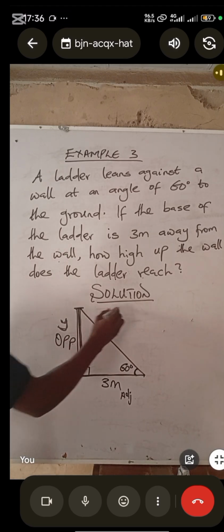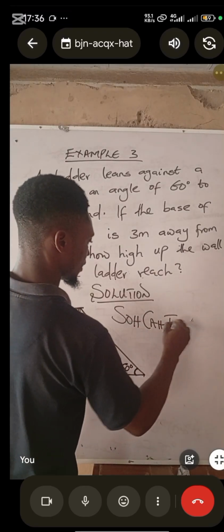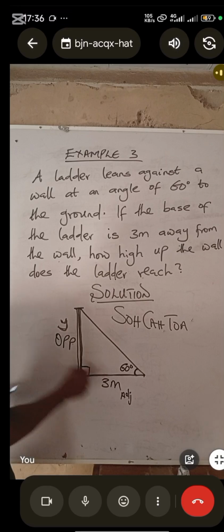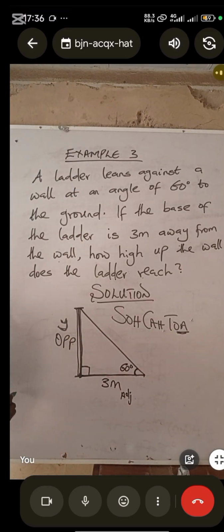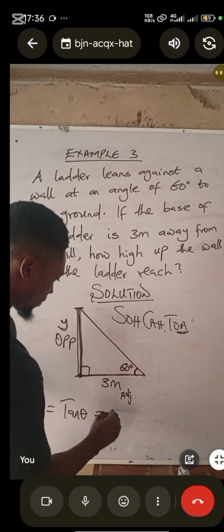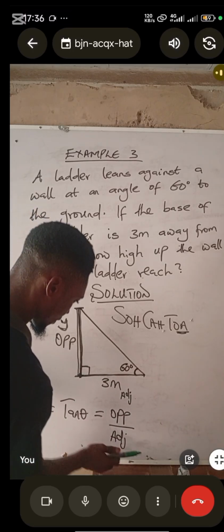So from this formula, SOHCAHTOA, which one are we going to use? Tan. Tan, very good. We use tan because tan contains the adjacent and the opposite, O and A. So the formula for tan, that is tan theta equal to opposite over adjacent.